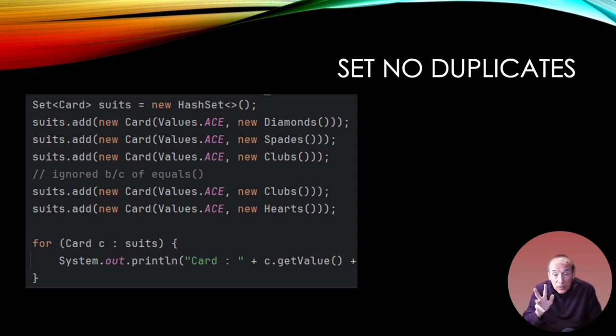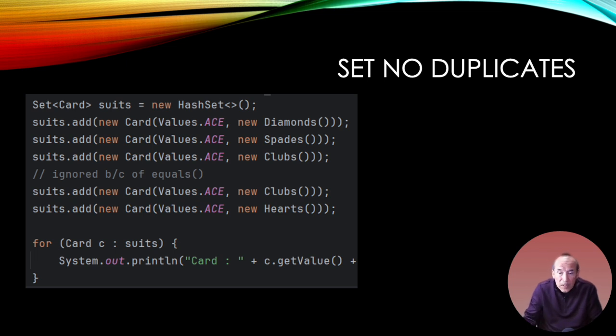So I have a set of cards, and I only want to introduce suits in here. So I can do an ace of diamonds, an ace of spades, an ace of clubs, and ace of hearts. So wait a minute. Didn't you say a set is unique? It is.